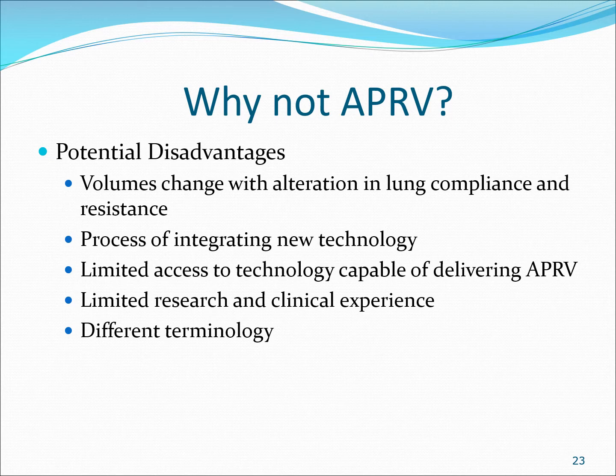Also, at the time when I wrote this PowerPoint, there was limited research and clinical experience, but right now there's a lot more research on this. And also, different terminology. Different manufacturers call it biphasic, DualPAP, APRV, and with all of these different terms, it makes it a little bit difficult for the clinician to manage, because I'm very familiar with Draeger's APRV.